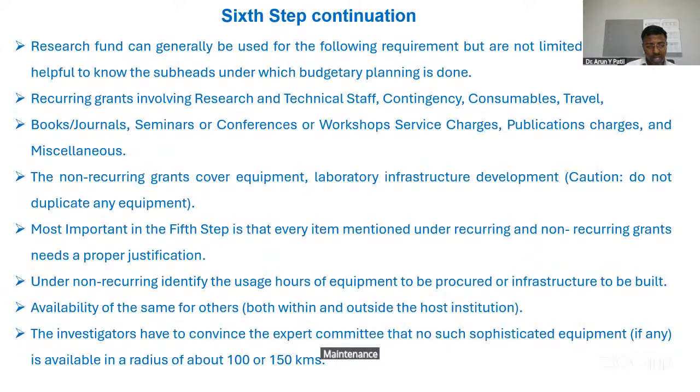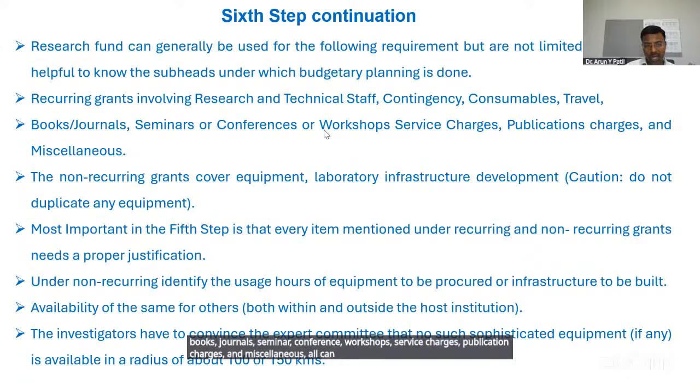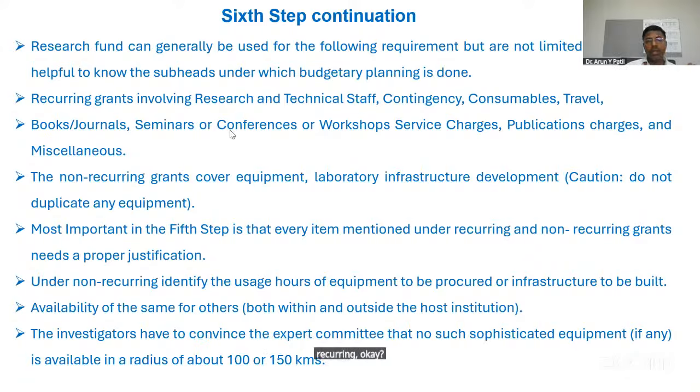Maintenance can again be in the recurring itself, but equipments or books or once-for-all buying things will be in the non-recurring. Books, journals, seminar, conference, workshops, service charges, publication charges, and miscellaneous all can fall into the category of recurring. Okay, especially these you might have on a frequent basis. The non-recurring grants are equipment and laboratory infrastructure.